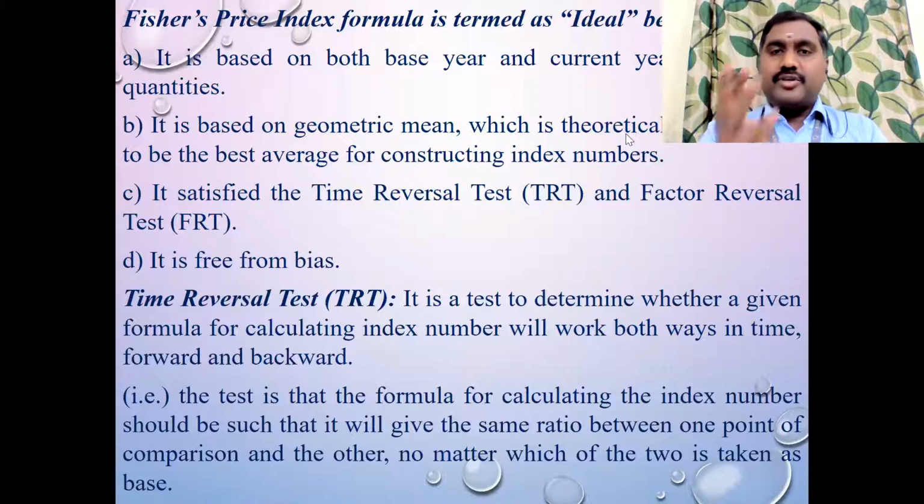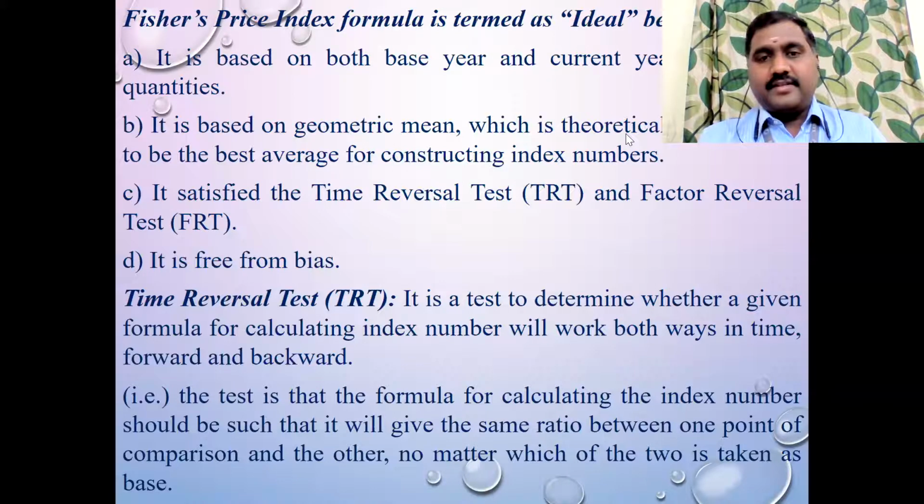That means P0, P1, Q0, Q1, all four values will be there. That's why it is said to be based on both base and current year price and quantity. For that, you need to find the index number using the respective formula, and then it has to satisfy two important tests, the time reversal test and factor reversal test, to avoid error.